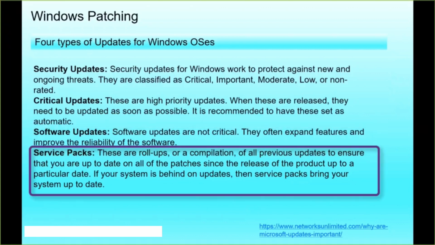And then there are things like service packs. Service packs are roll-ups or a compilation of all the previous updates to ensure that you're up to date on all the patches. They also may include feature updates or feature enhancements to the operating system, but typically a service pack is a roll-up. With the way that Microsoft has kind of changed their patching and their update strategy, service packs are probably going to be a thing of the past.